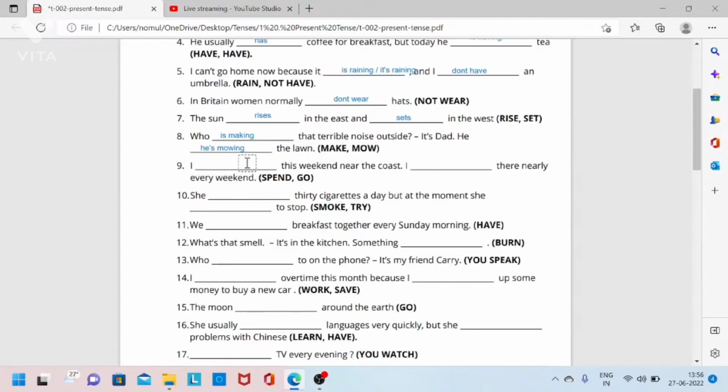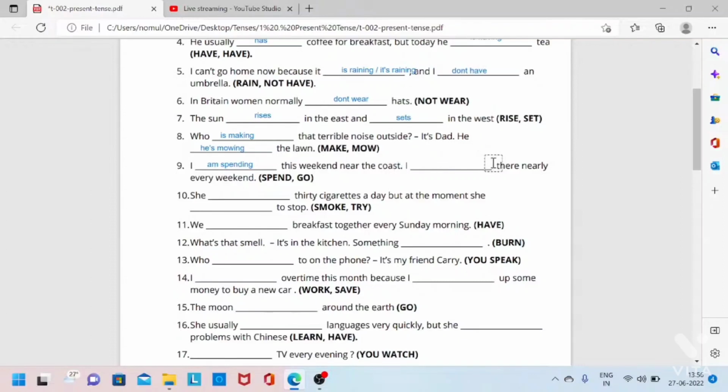Okay, and next, ninth one. I spend this weekend near the coast. I go there nearly every weekend. So what happens? I am spending this weekend near the coast.